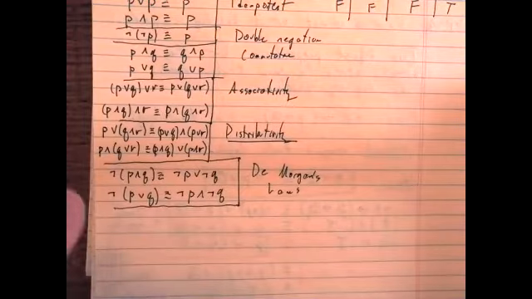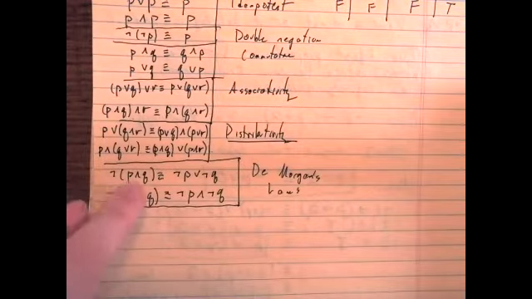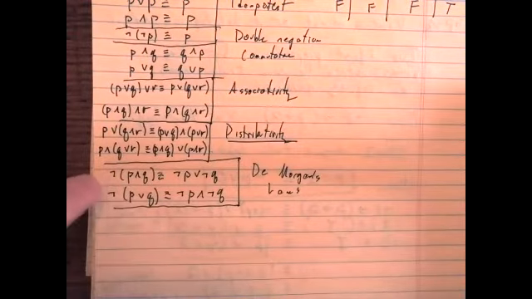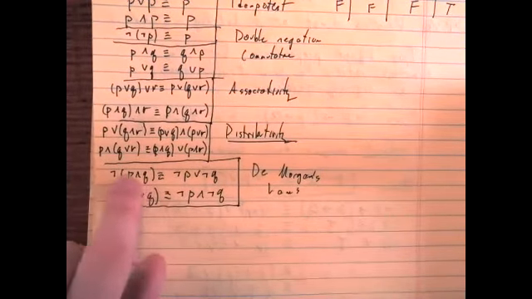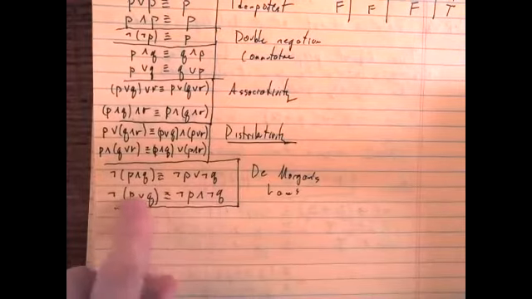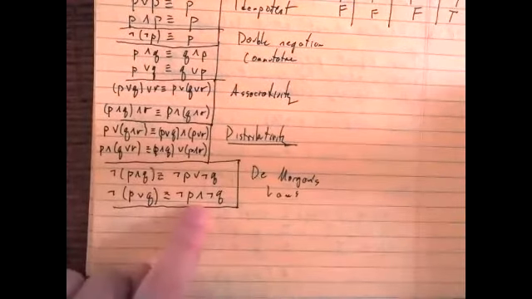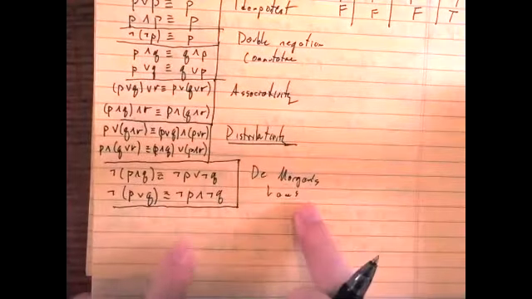But in any case, what this shows you is how to negate AND propositions or OR propositions. Notice that when you negate, you apply the negation to each symbol, and then you flip. The AND becomes an OR, and if you started with an OR, it becomes an AND. Here are De Morgan's laws.